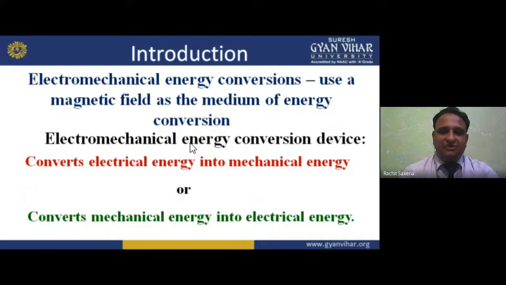Electromechanical energy conversion uses a magnetic field as a medium of energy conversion. At the start of this lecture series, I told you that if I want to convert electrical power into mechanical power and vice versa, I need a coupling circuit.